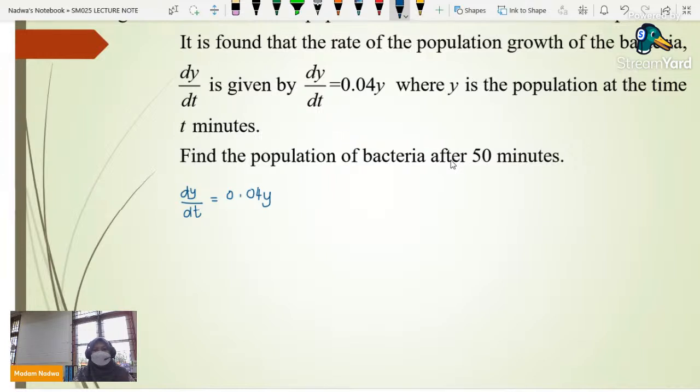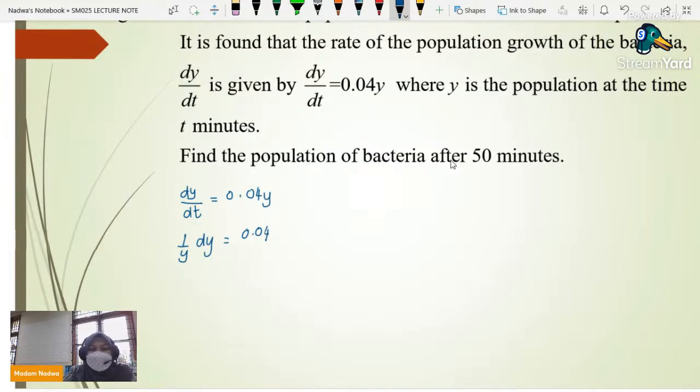So kita akan separatekan y dengan yt dengan t. You will actually have, let's say I nak keluarkan y ni, tak nak dekat sini. So it will be here lah. 1 over y dy is equals to 0.04 ni I remainkan dia dekat situ. Okay, lebih senang nak deal dengan constant ni kalau dia berada dekat atas, tak ada kuasa negatif, tak ada 1 ke apa.